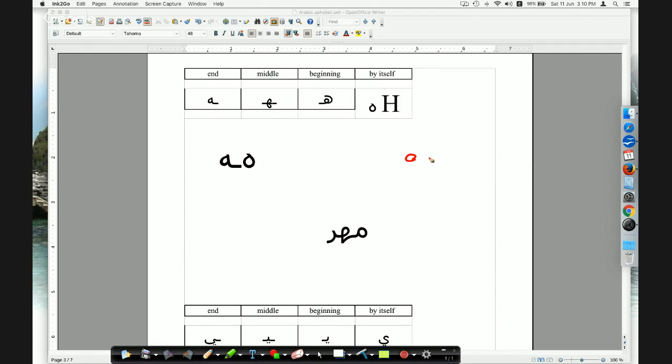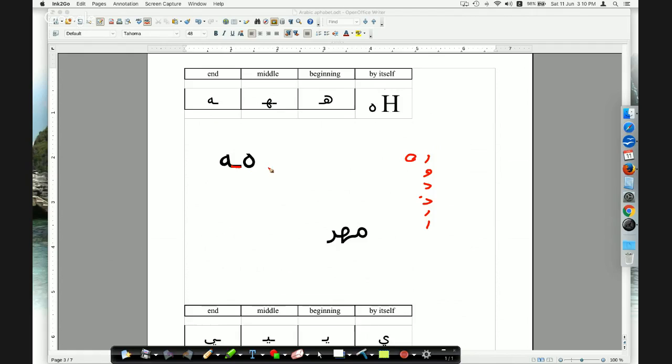So if the letter before it is ra or wa or da or the or za or alif, right? Those letters don't accept to connect, so we cannot connect this thing here. You get the point? So you can write a note on your side.